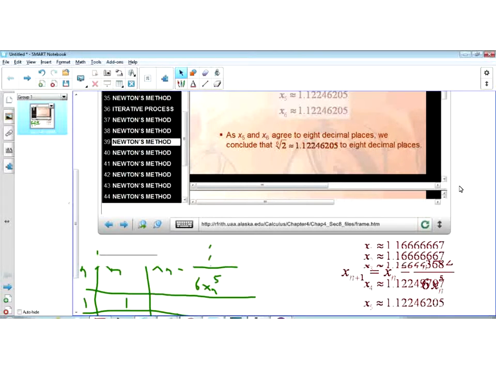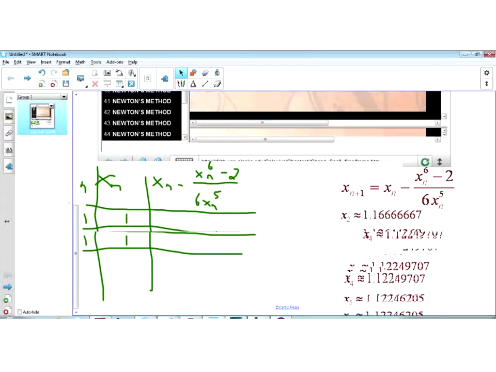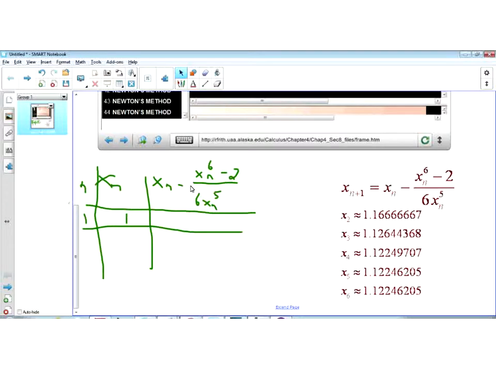Let me arrange stuff here. So when you plug 1 into this equation, you'll get 1.166666667.